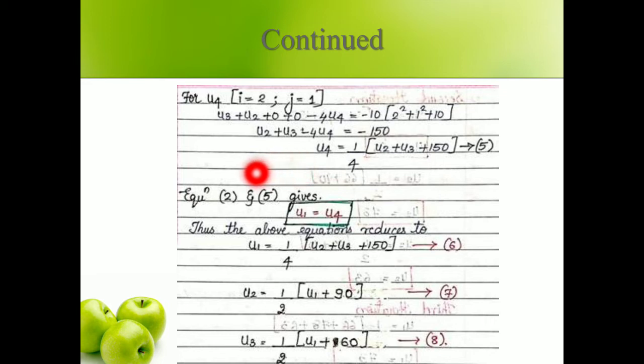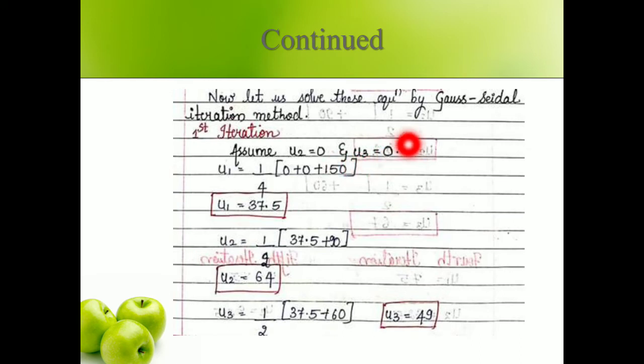Now, solving the above equations to get the values of u1, u2, u3, we go like this. Equations 2 and 5 give u1 equal to u4. Thus the above equations reduce to u1 equal to 1/4 (u2 plus u3 plus 150), u2 equal to 1 divided by 2 (u1 plus 90), and u3 equal to 1 divided by 2 (u1 plus 60).